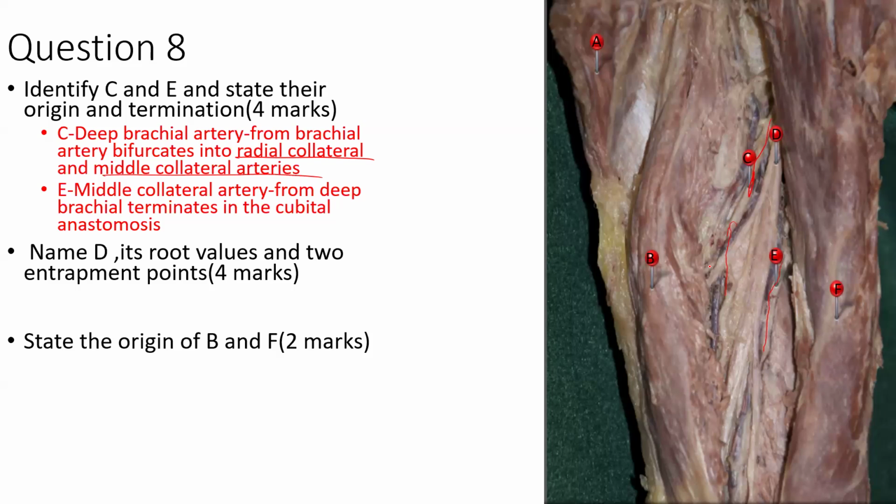Okay. So name D, its root values, and two entrapment points. What is D? Radial nerve. Wonderful, wonderful. Its root values. C5. Guys, when asked the root values, please kindly refrain from saying it that way.